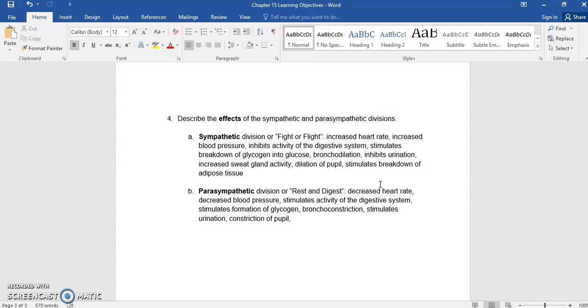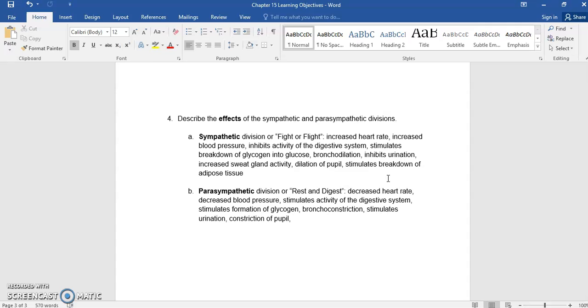So all this stuff probably makes sense. Usually this is logical. If we're in a situation where we need some action, our heart rate's going to increase, and our respiratory rate will also increase. Blood pressure will increase. This is the time where we don't want to digest food.